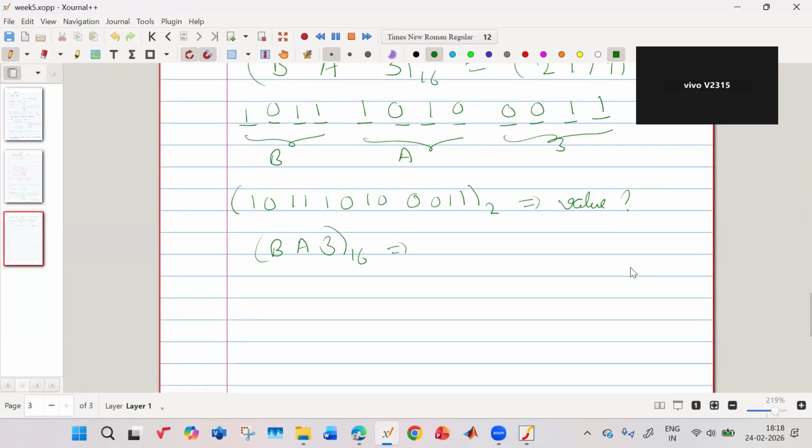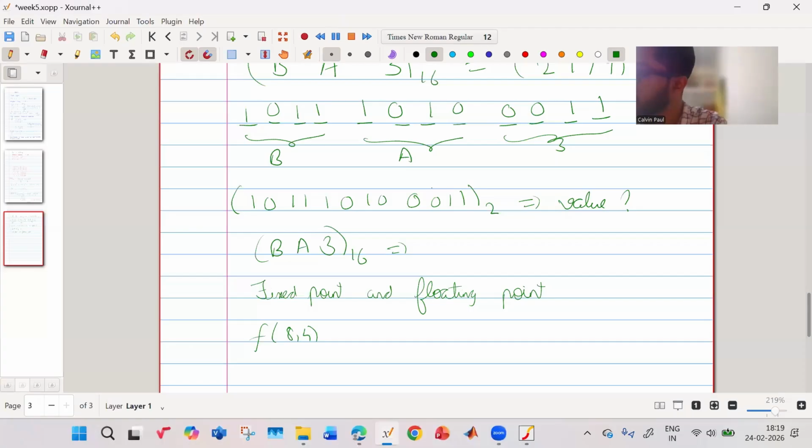Then you can have what is known as fixed point and floating point. Fixed point means, let us say you have 8,4.